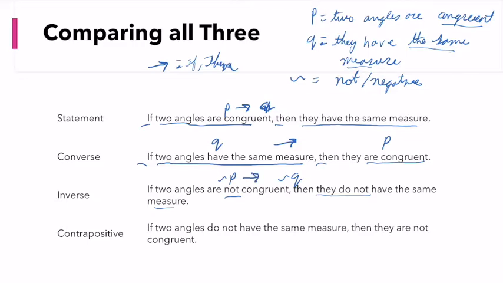For contrapositive, if two angles do not have the same measure, then they are not congruent. So that would be, I have not having the same measure as not Q. They're not congruent, that's not P, and I have an arrow between the two.